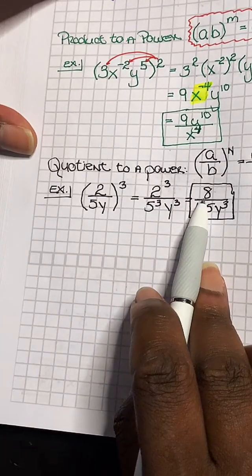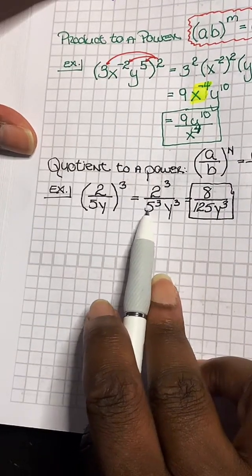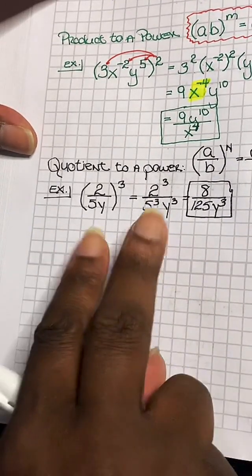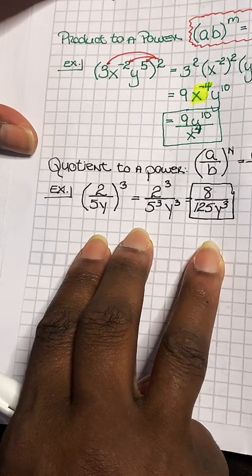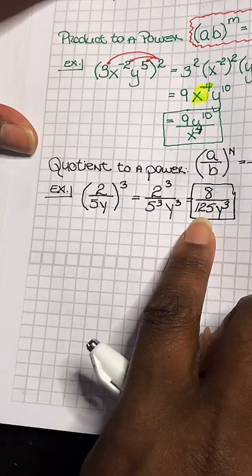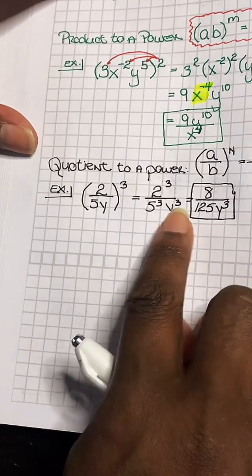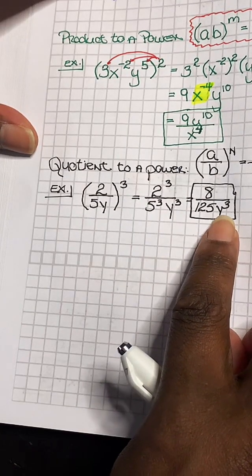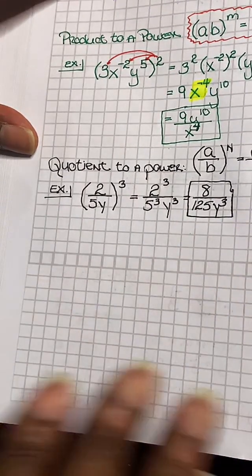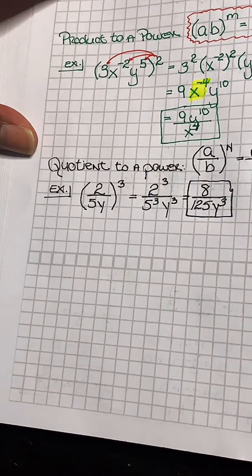That's where the 8 came from. Then we have 5 to the third power. That's 5 times 5 times 5. 5 times 5, that's 25. 25 times 5 gives me 125. And then the y to the third power just stayed y to the third power because the exponent was positive and it could stay right where it is. Okay. Are you good, Dylan?